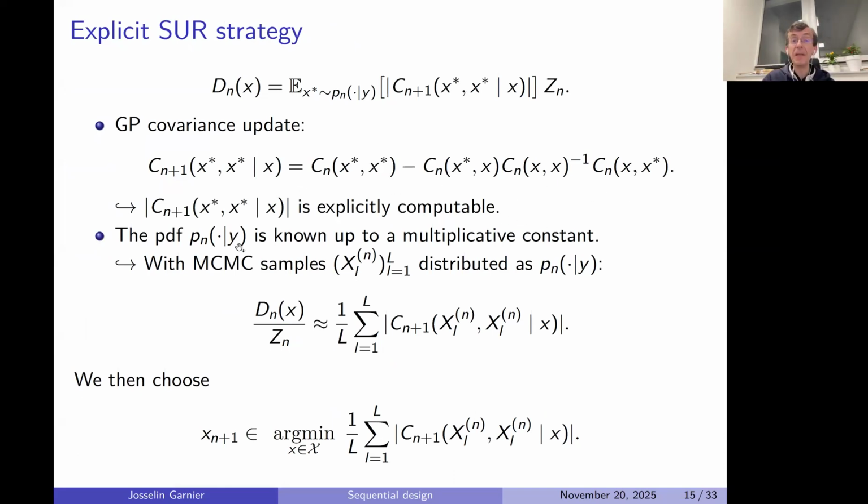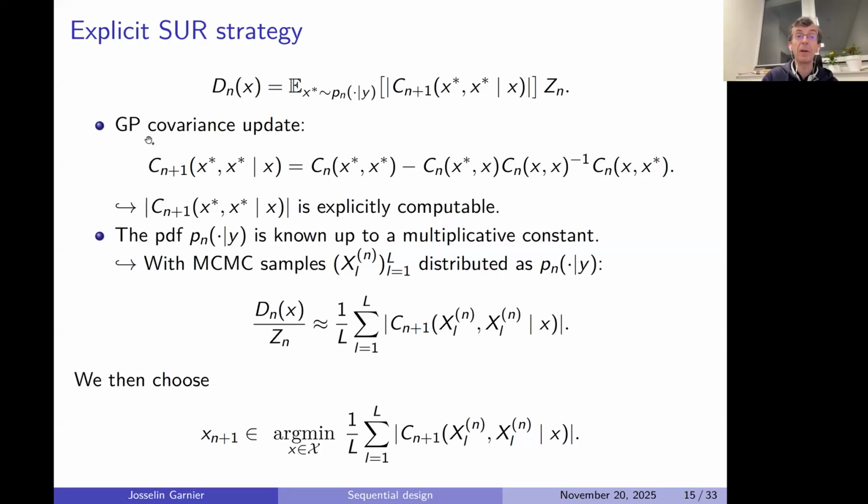And the PDF p_n, that is here, is known up to a multiplicative constant, because indeed it's the product of the likelihood times the prior. So you can sample this distribution with MCMC. And then you have an approximate expression of D_n of x divided by C_n, which is the empirical average of this posterior variance, averaged over x star sampled according to the MCMC samples. So that's something that is fully explicit.